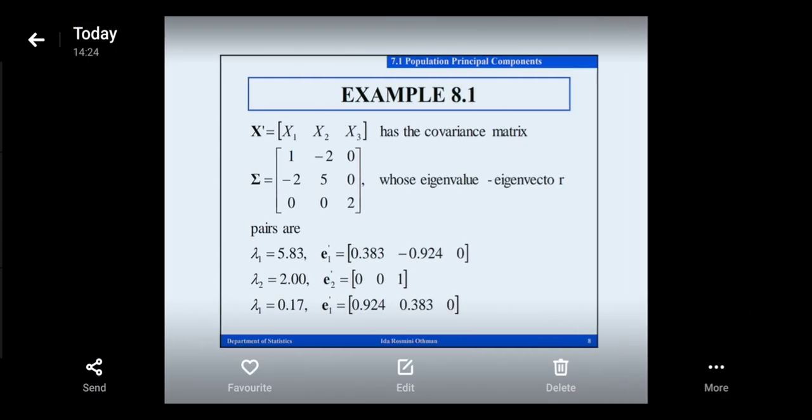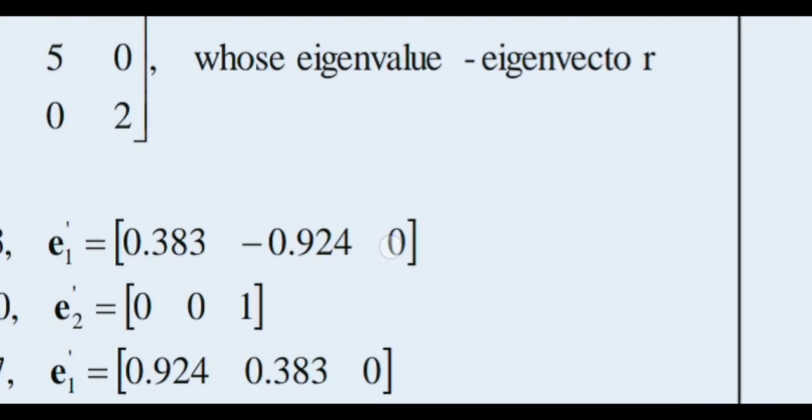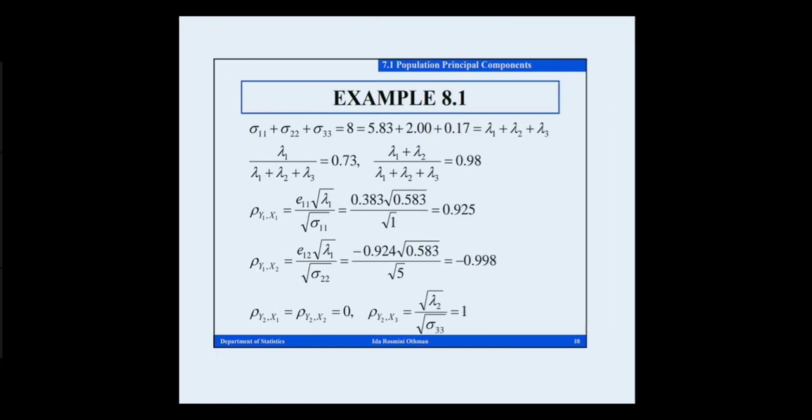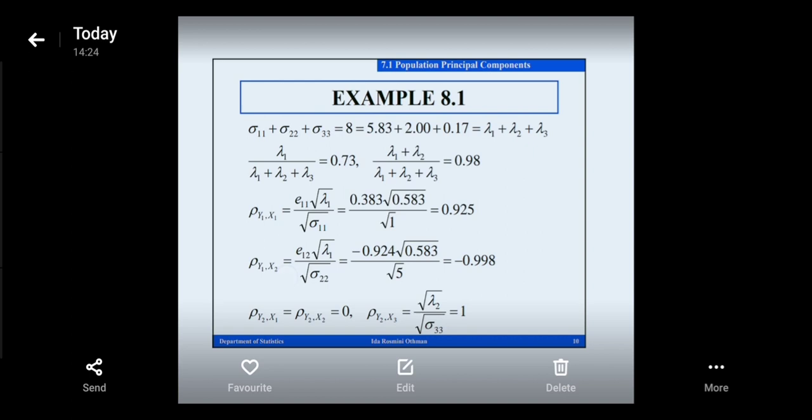Kenapa tak cari untuk x3? Sebab kita tengok kat sini 0 dia punya variance, dia punya eigenvector is 0. So sebab itulah kita hanya boleh cari the correlation between first principal component and first variable, first principal component and second variable.